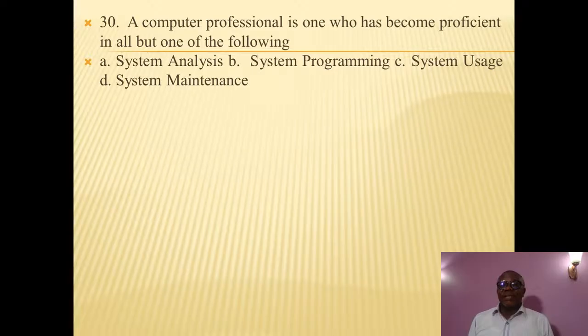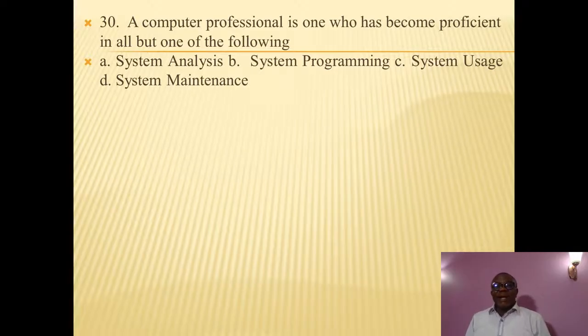Again, a computer proficient person who specializes in programming, we say, is a programmer. And of course, somebody that just uses computer is not a professional, because everybody now can use computer or even digital systems that are more sophisticated than the computer.